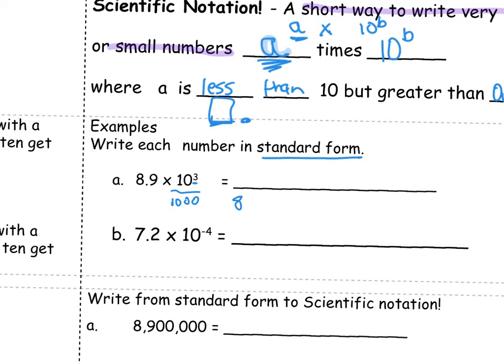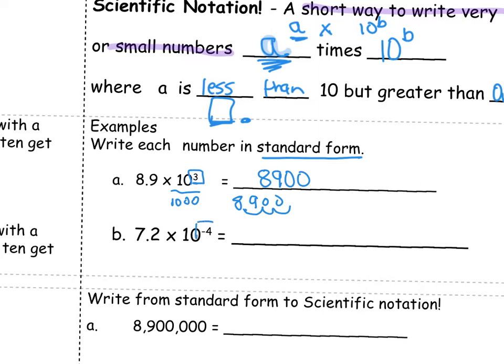We can do that math, but I tend to write it like this and just go over. The exponent is 3, so I'm going to go over 1, 2, 3, and then add in my zeros as placeholders. So 8.9 times 1,000 is 8,900.